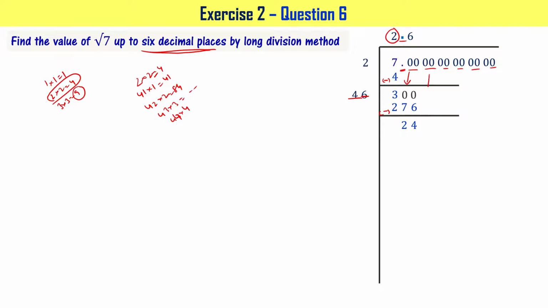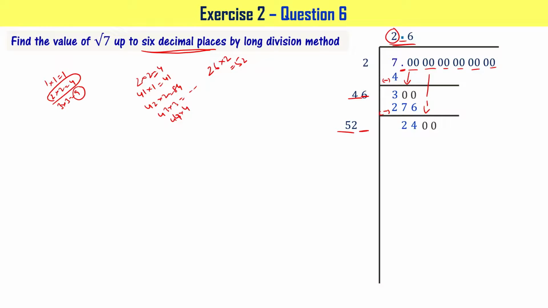Now bring another pair of zeros down so that it becomes 2400. Now you have 2 and 6 here, right? Let me write 26 times 2 now. That is going to be 52, right? Let me write 52 here first. Then we have to find one digit which suits our requirement.